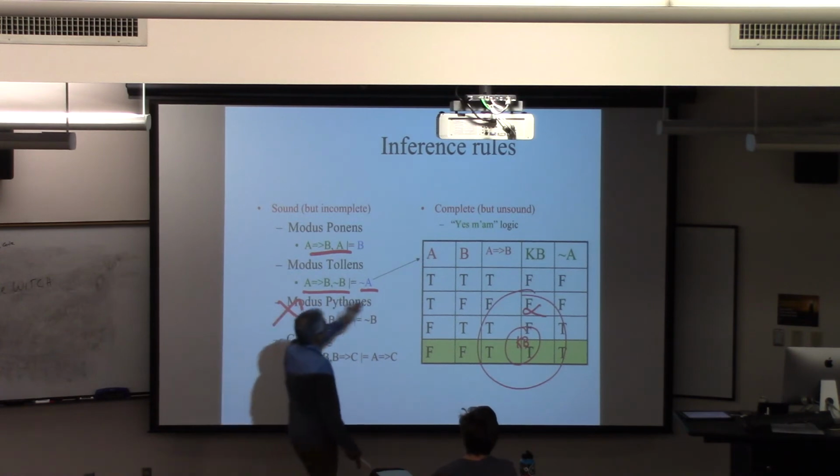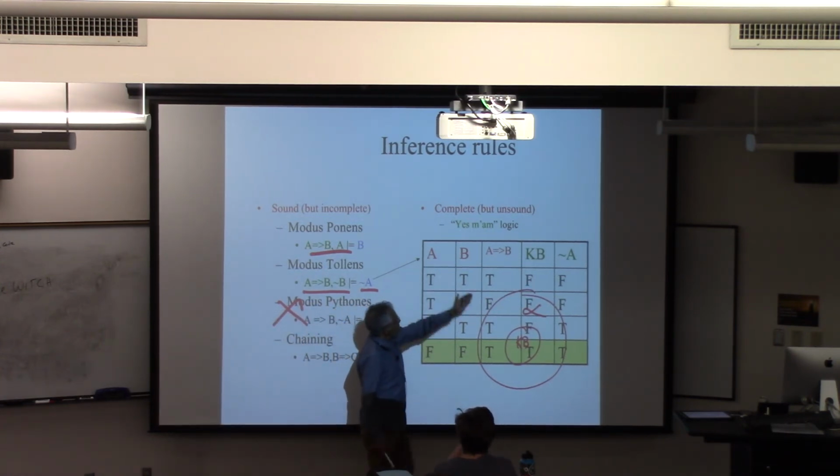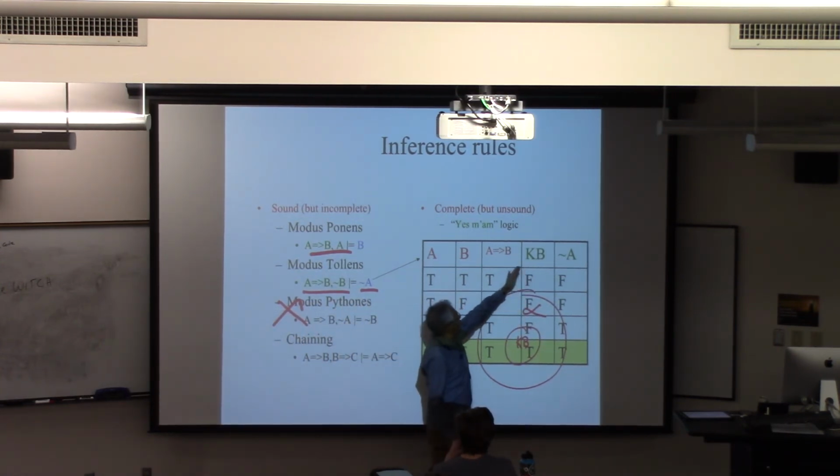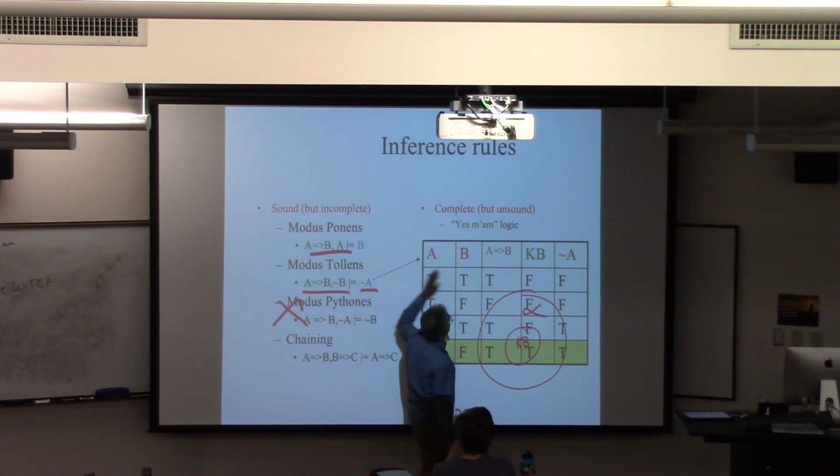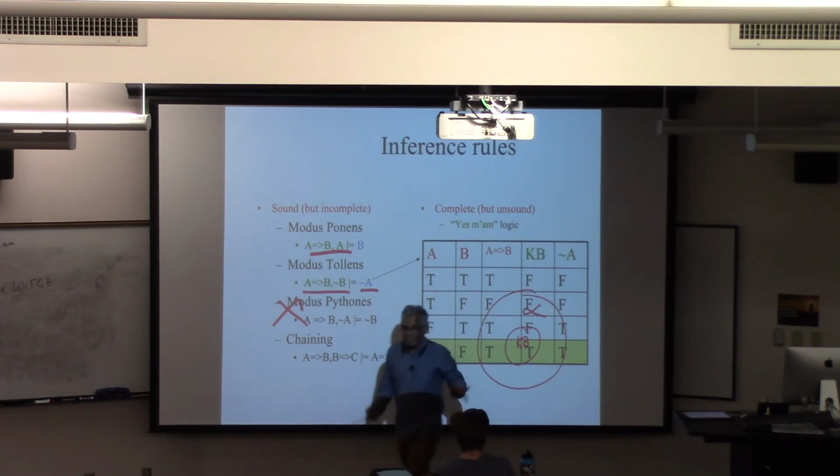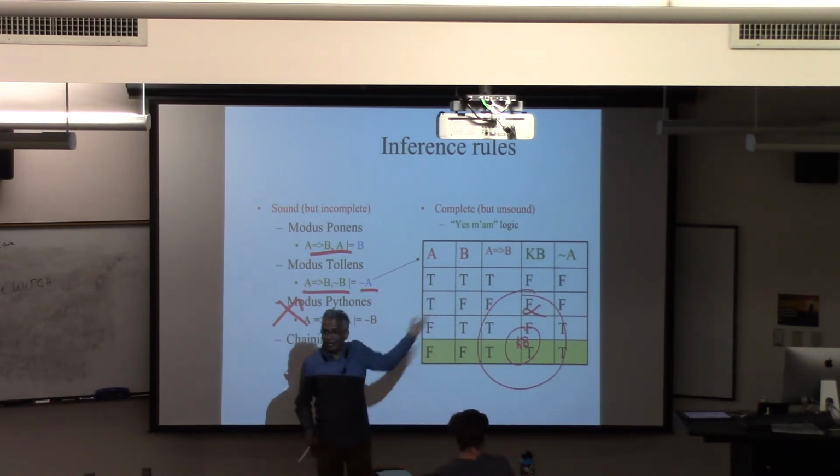I basically write down the truth table. The knowledge base will have A implies B and not B. And then I will write not A, and then I will check if in all the rows where the knowledge base is true, not A is true. This is the first principles proof.